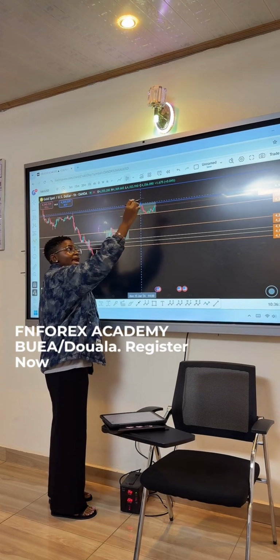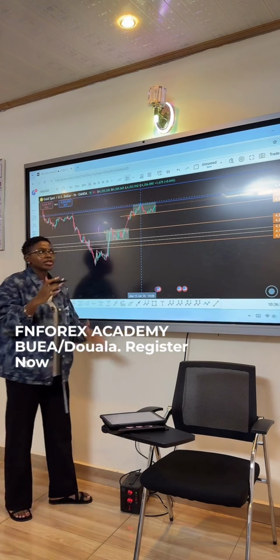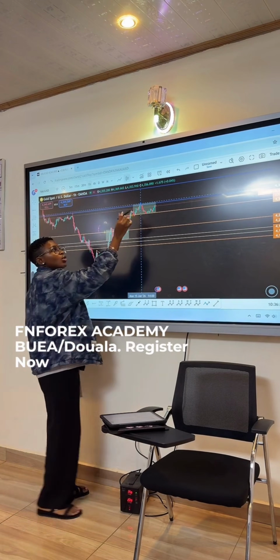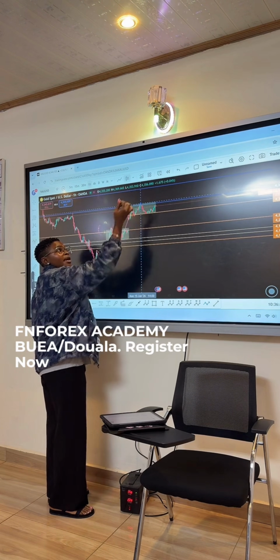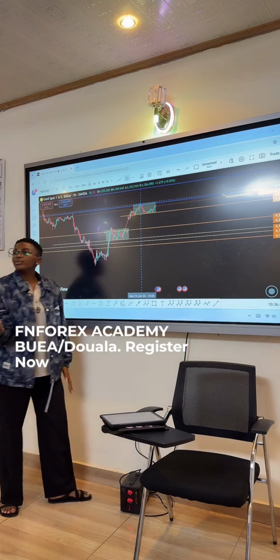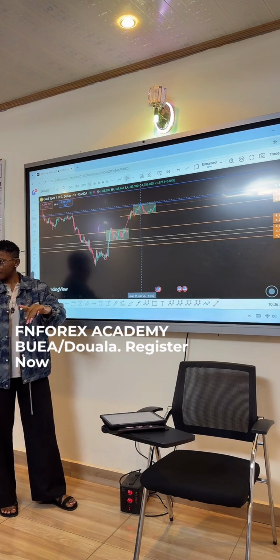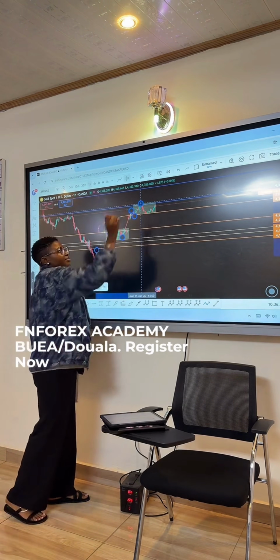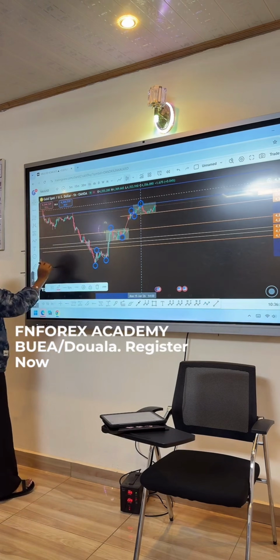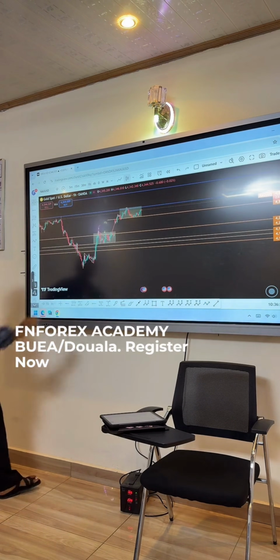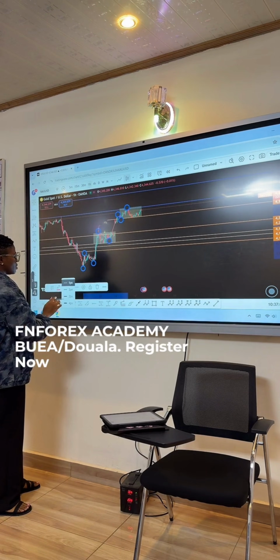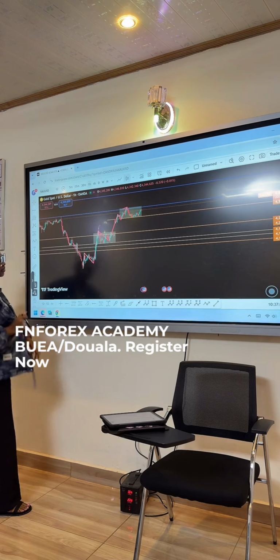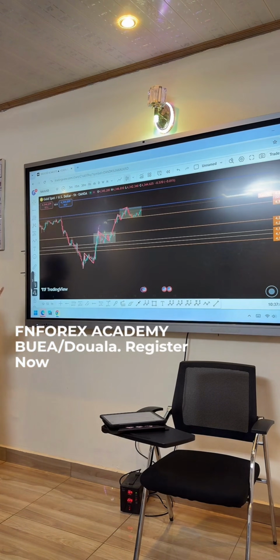If we were expecting this uptrend to continue from here, gold should have given a higher low around here, like a touch, then it continues. But then it has given an equal low, which means a range. So you first of all pause from there. So here we can identify a clear uptrend.